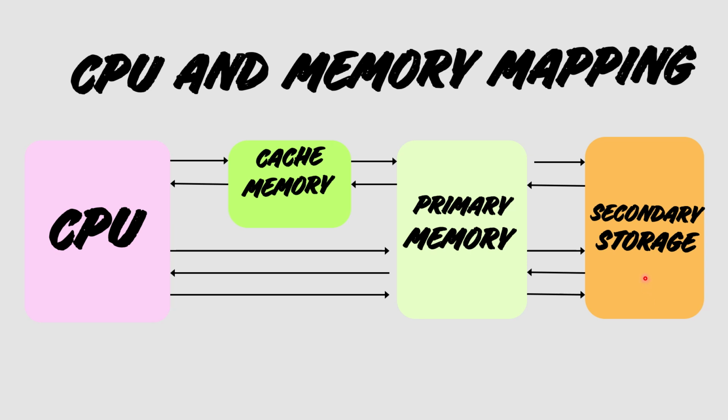The secondary memory will transfer the data to the primary memory, and from the primary memory the CPU will access the data. The data could be transferred to the cache memory, or the CPU can directly communicate with the primary memory and access the data. So this is how the processor communicates with the different types of memory.